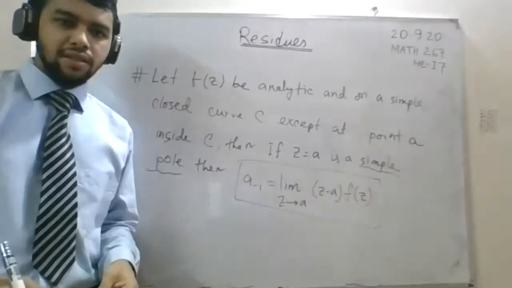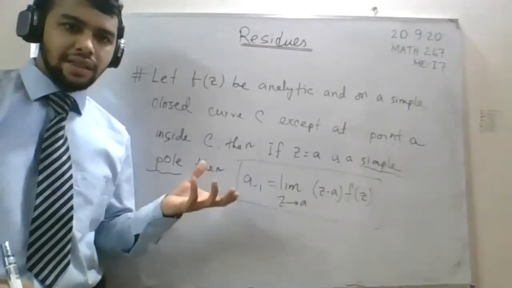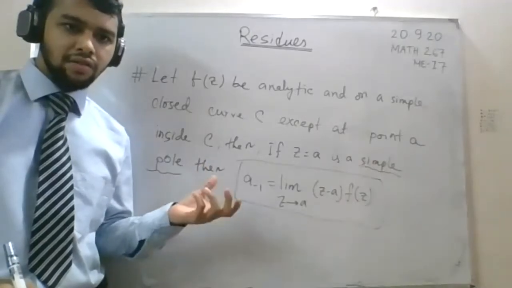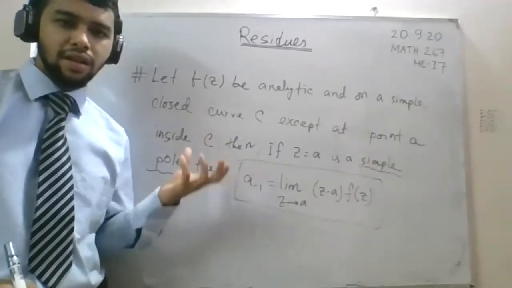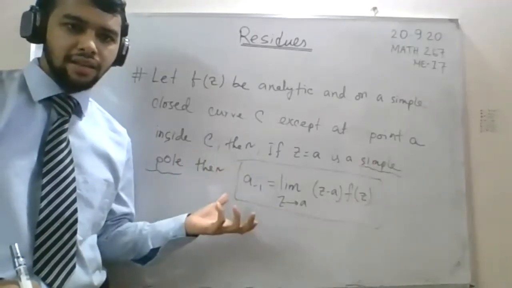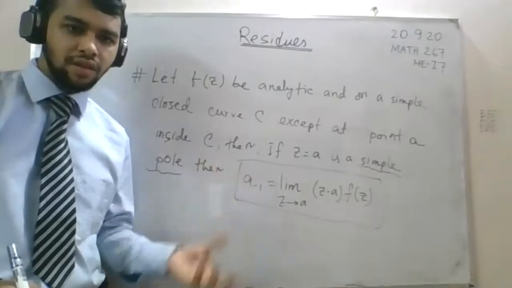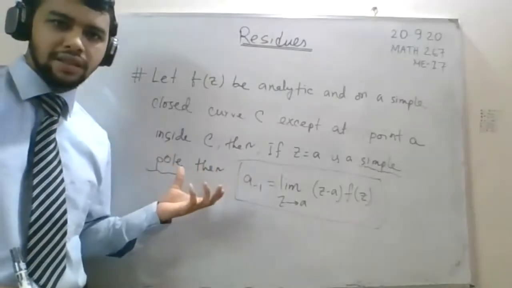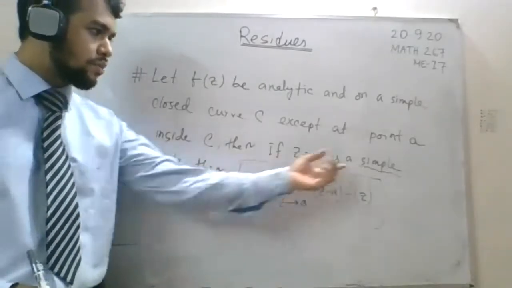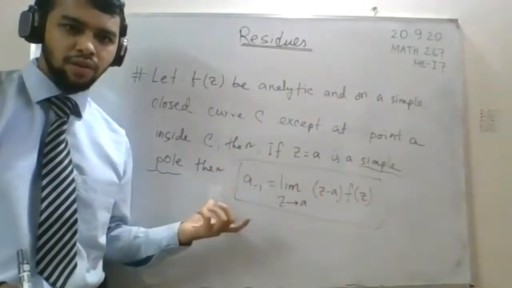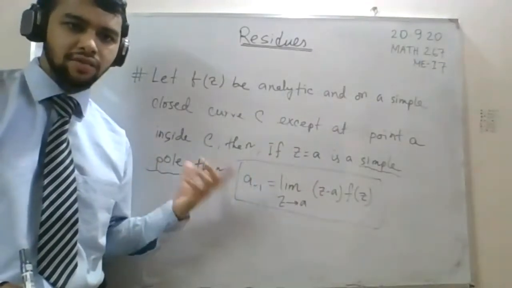So in our previous class, we already discussed singularities of a function, where I also declared some pole of order n. How to find out the poles of order n? We learned how to find this. So simple pole means a single pole, one kind of single pole.